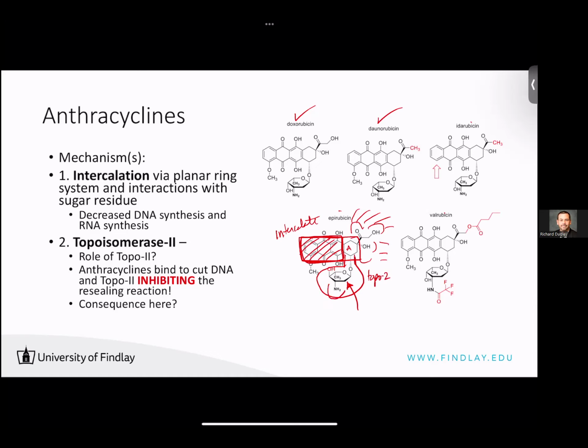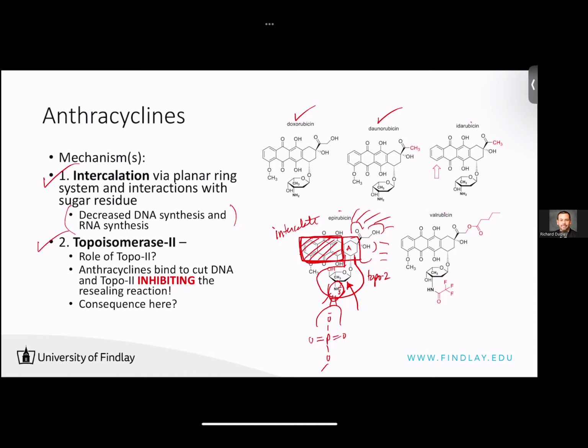And then the ring here, the sugar residue, is actually going to bind in the minor groove and establish an electrostatic interaction between the negatively charged phosphate backbone in DNA and the amino group in that daunosamine sugar. Okay? So when you add up the structural elements that I just described, you get intercalation to decrease RNA and DNA synthesis, and then you get this inhibition of topoisomerase.